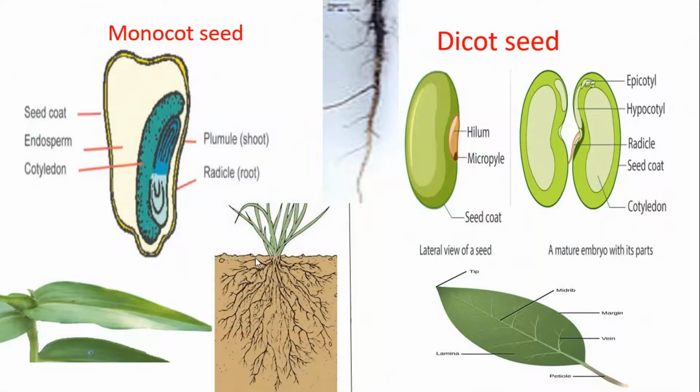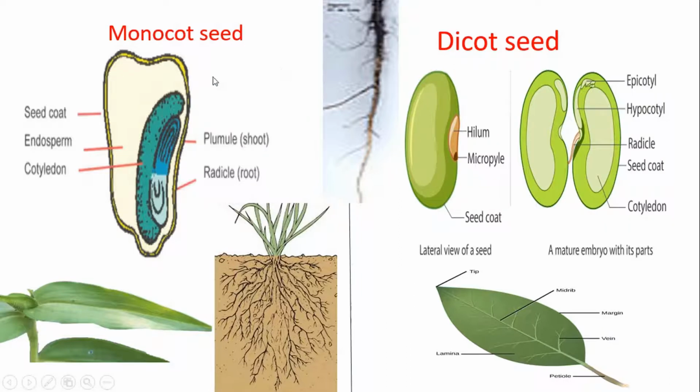Now here is an example of a monocot seed and another one is a dicot seed, and I want to discuss what's the difference between a monocot and a dicot. A monocot is a seed that contains one cotyledon, and that's the main reason we call it monocot. Monocot means one cotyledon. Dicot means two cotyledons.